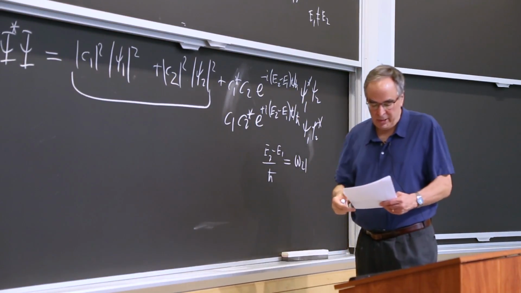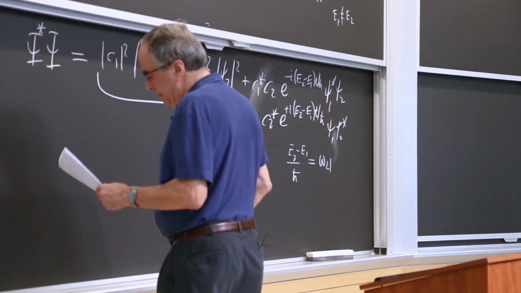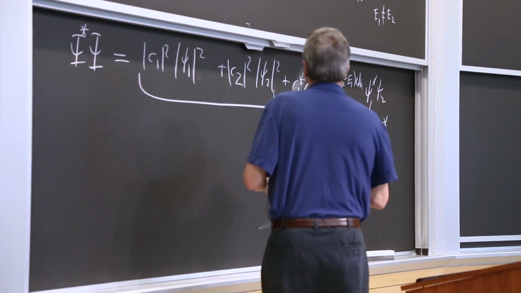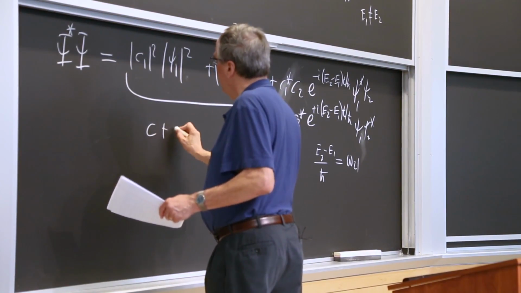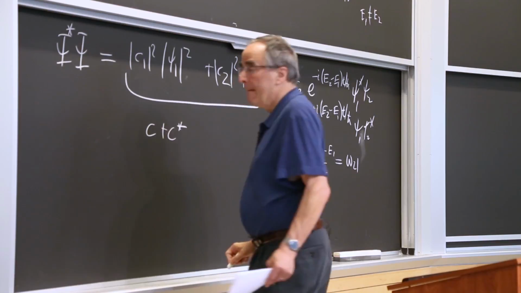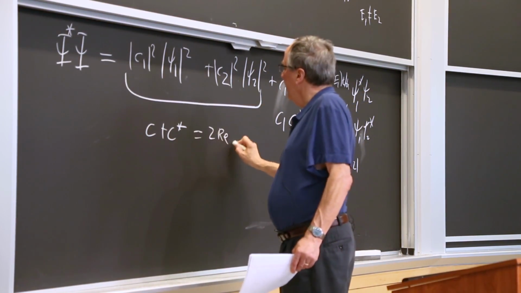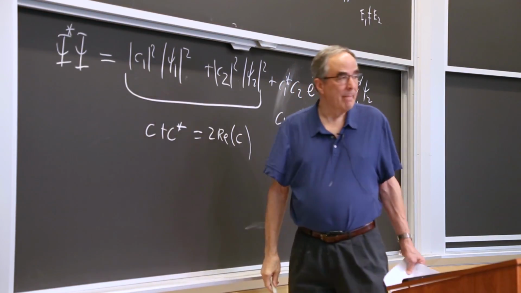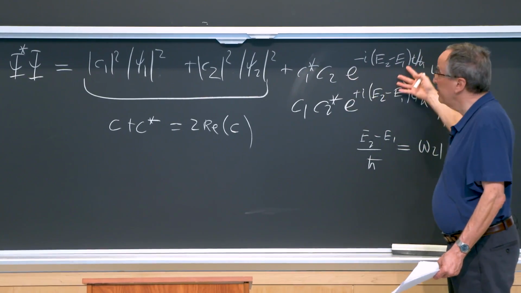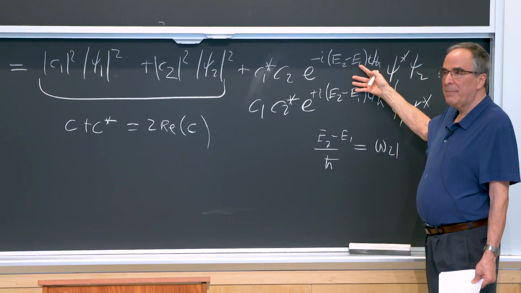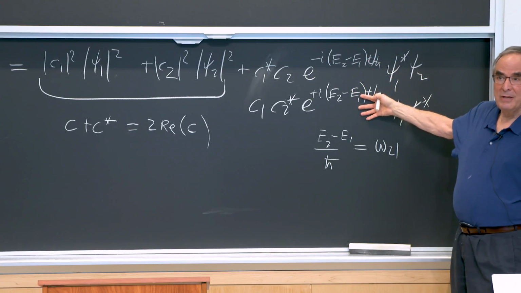And so we know that if we have two complex numbers, C plus C star, we're going to get twice the real part of C. So this enables us to take these two terms and combine them, and we know it had better be real, right?